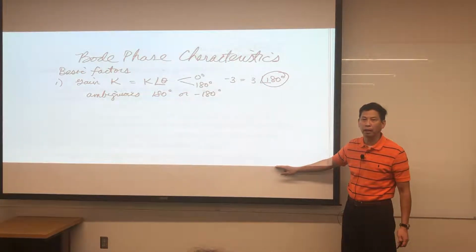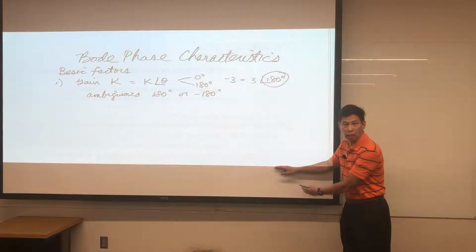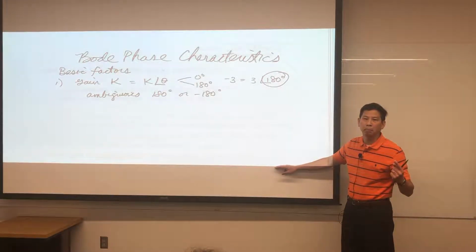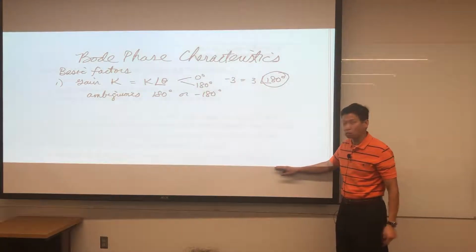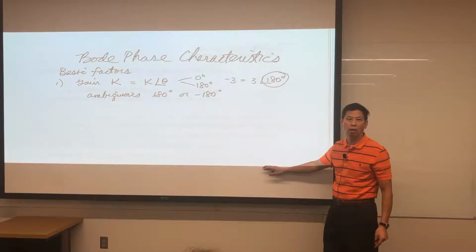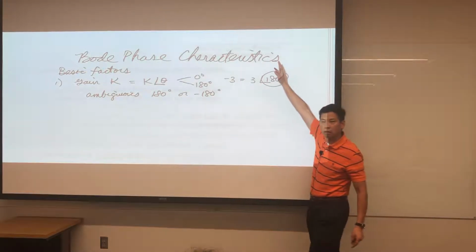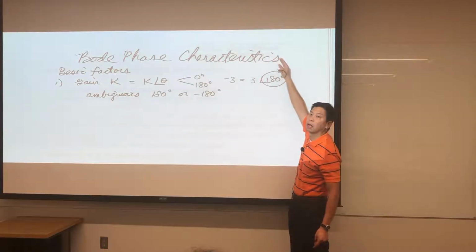So they say, I can't plot any further, I've run out of paper or screen down here. But I do know that positive 180 degrees and negative 180 degrees are the same. So you'll see the plot come down, hit negative 180 degrees, and then all of a sudden jump vertically 360 degrees up to the top, to plus 180, and then continue plotting.